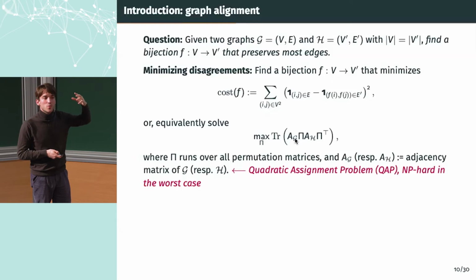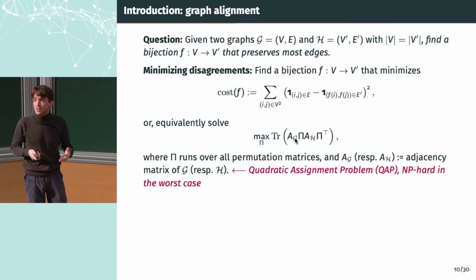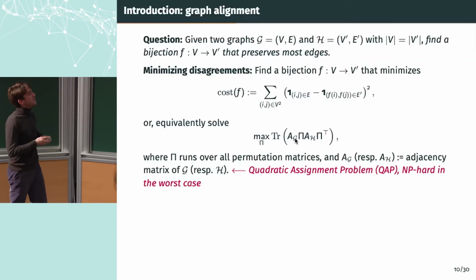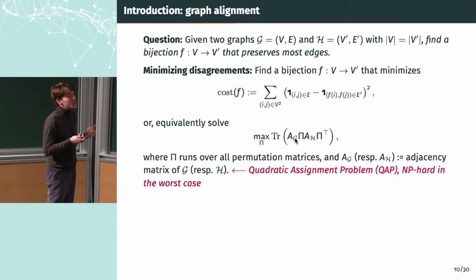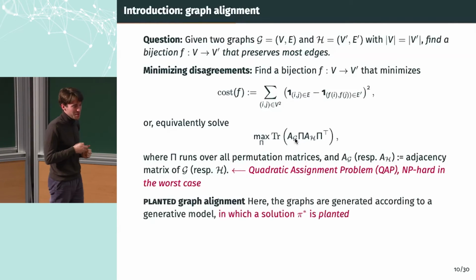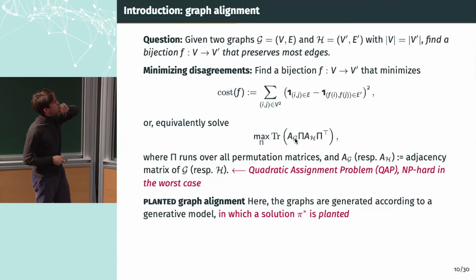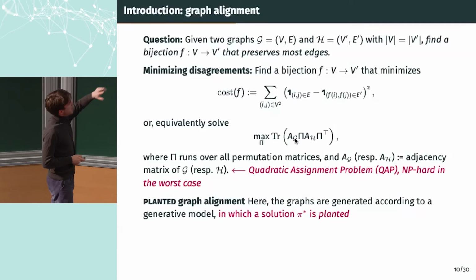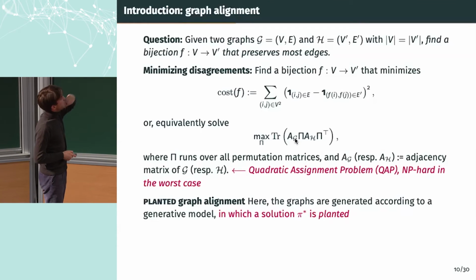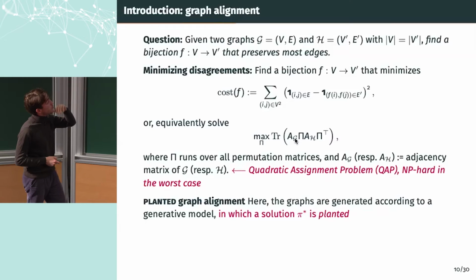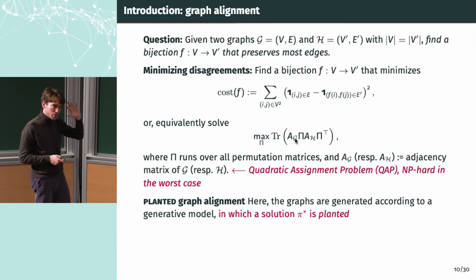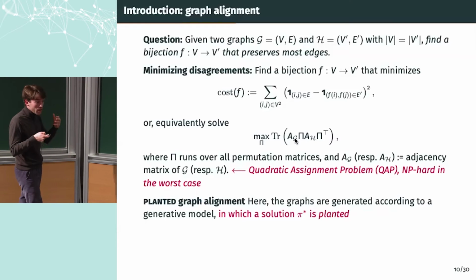Now, as you are already experts of the field, you know that we are going to look at the planted setting for this problem, to hopefully avoid this kind of complication. That's what I'm going to describe right now. The graphs in our planted view on the problem are now random.